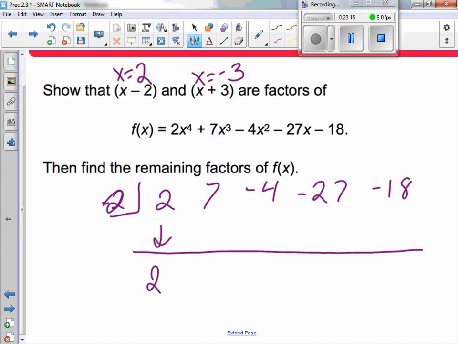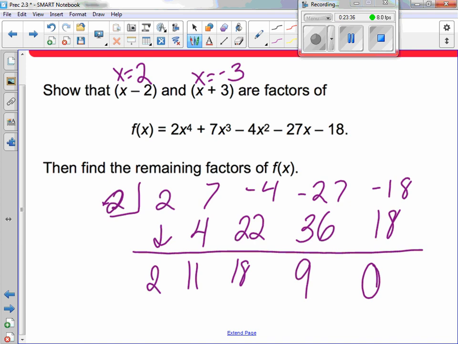Drop the 2. 2 times 2 is? 7 plus 4 is? 2 times 11. Negative 4 plus 22 is? 3 times 18 is 36. Negative 27 plus 36 is? 9. 2 times 9 is? And we get 0.